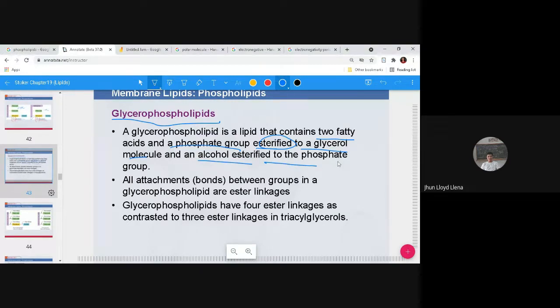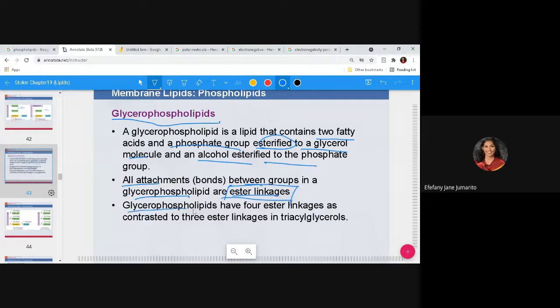Then we have all attachments: all bonds between groups in a glycerophospholipid are ester linkages. Take note of that.